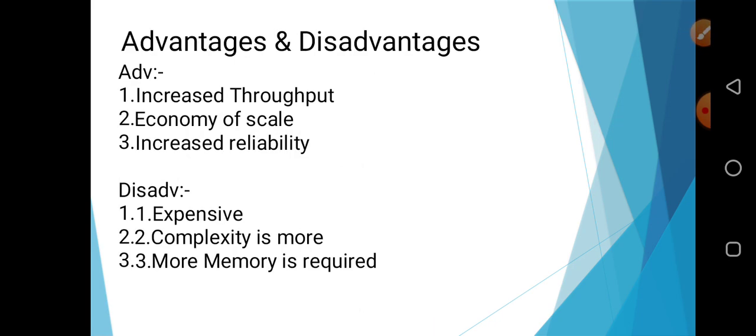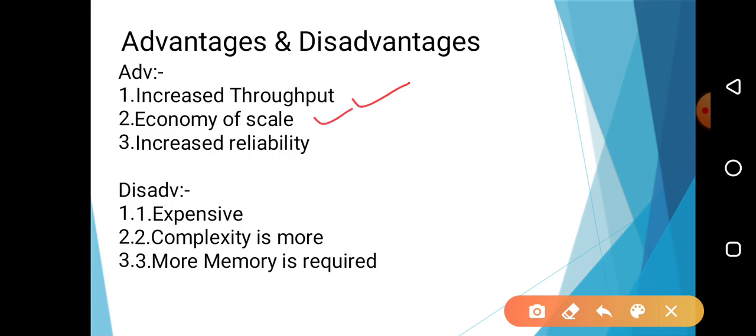The advantages and disadvantages of this particular system: multiple CPUs are connected with each other. Therefore, it will increase the throughput. Throughput in the sense the output of the system. Economy of scale. Within one system, you are attaching different CPUs.